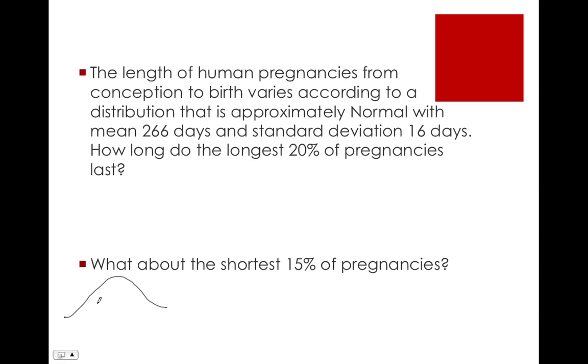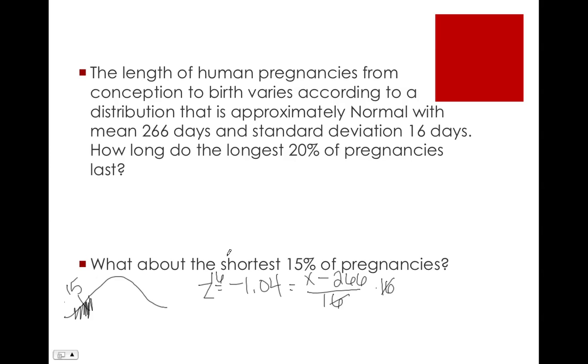So shortest 15%. Z is negative 1.04. And I'm going to set that equal to x minus the mean, which we're given, over the standard deviation, which we're given. And I'm going to solve for x. So I'm going to multiply both sides by 16.